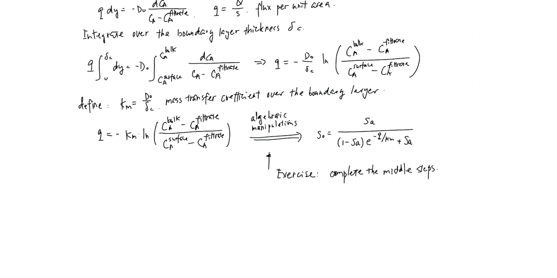So when Q divided by Km, the term in the exponent, goes to 0, it corresponds to low filtration flow relative to diffusive back transport.